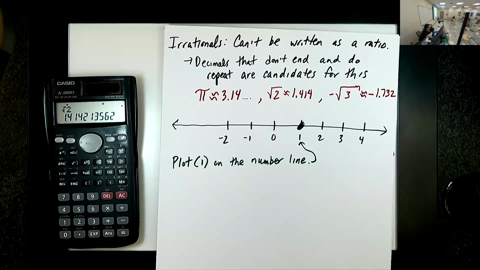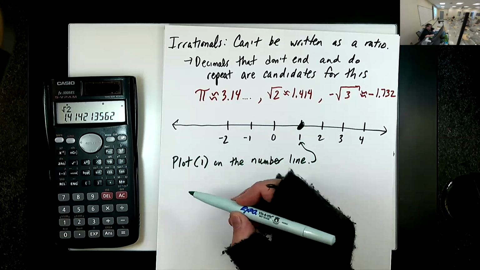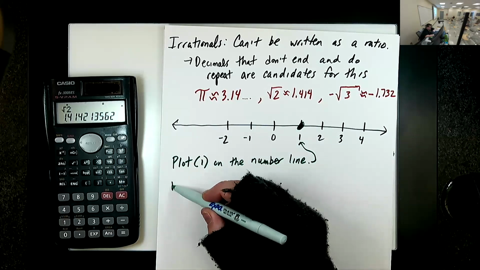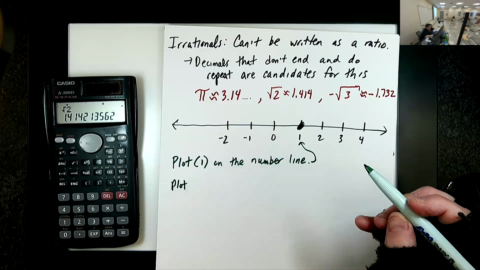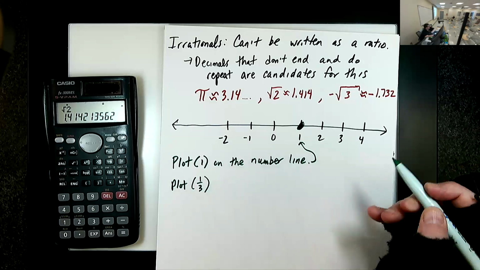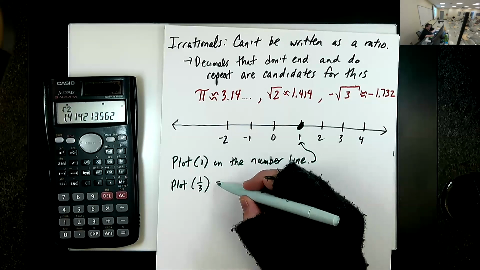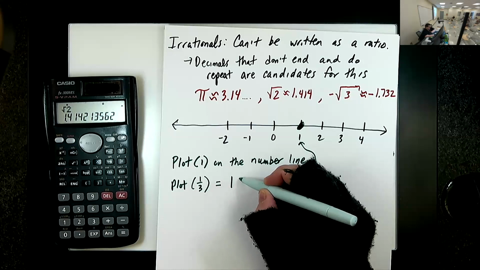If you want to plot a fraction, it's easier to write it as a decimal first. Let's go with 1/3. The fraction 1/3 is the same thing as 1 divided by 3.